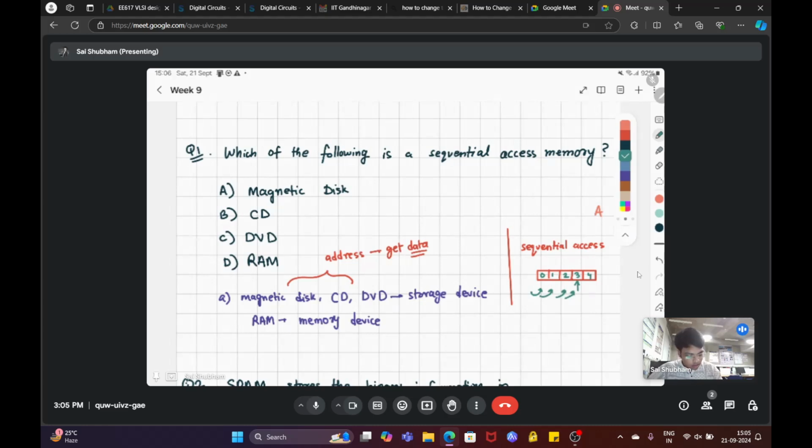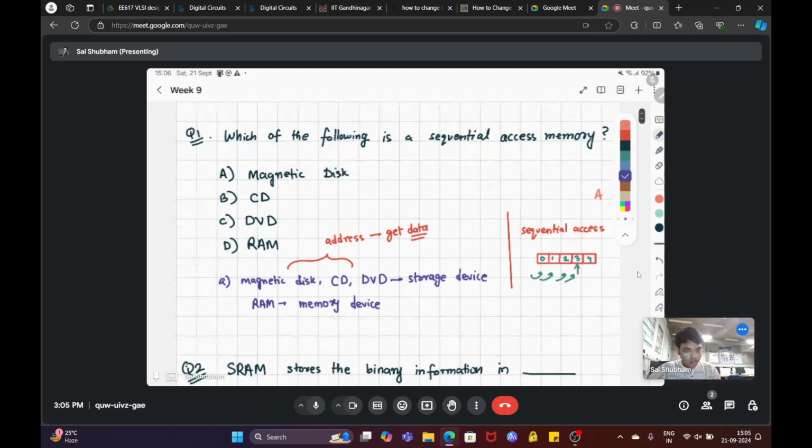This is quite separate from the conventional memory we discussed these days. These days, we directly provide the address to the decoder, and the decoder directly selects the data.